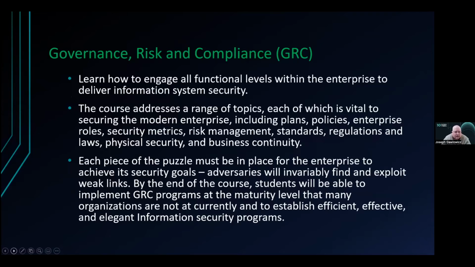And so it sort of starts with governance, risk, and compliance. This is not the sort of stuff that you see in your favorite hacker movie, watching The Matrix or anything like that. But this is the stuff that really brings it all together.